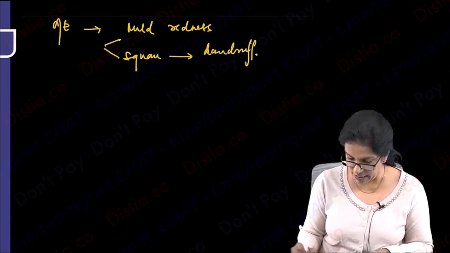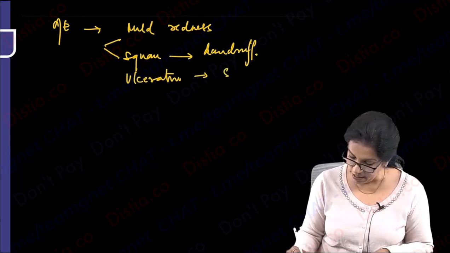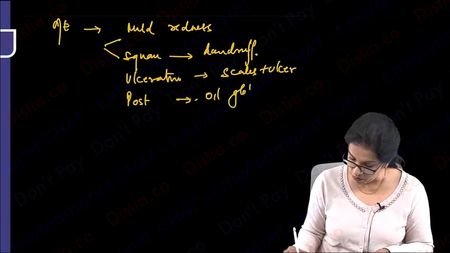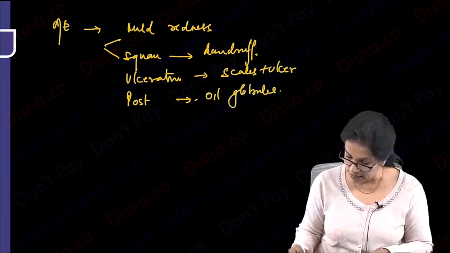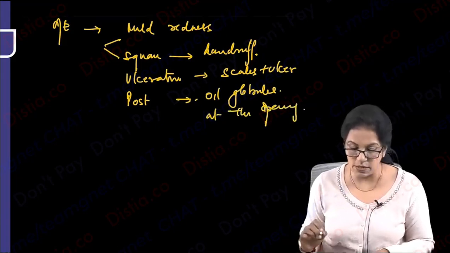I will just show you the slide. If it is ulcerative, I will see scales below which there are ulcers. And if it is posterior blepharitis, I am going to see oil globules at the opening of the meibomian gland. Right? So this is how these findings are.